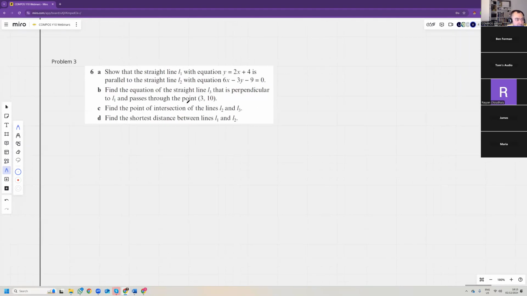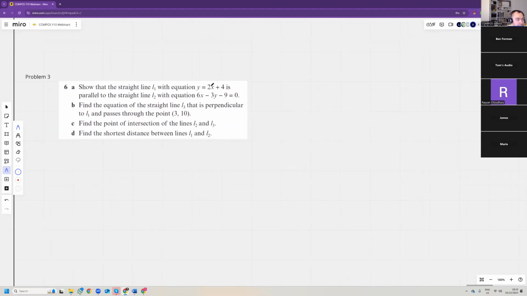Show that a straight line with equation is parallel to the straight line with equation. Well, we know that if lines are parallel, they have the same gradient. So let's write down L1. L1 has y equals 2x plus 4. So the gradient is 2 because that's the number here.